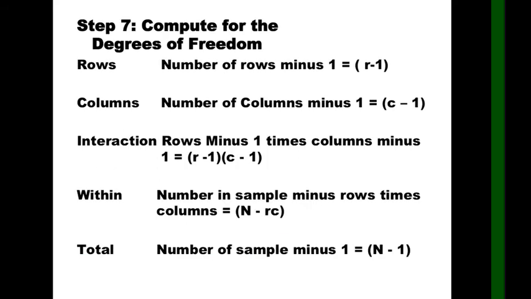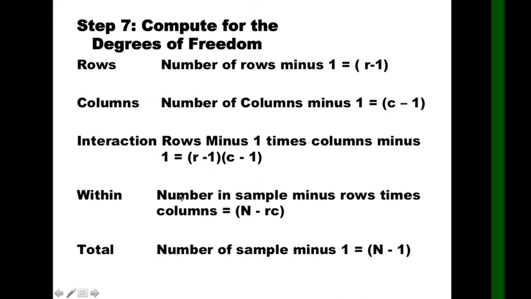For the degree of freedom, for the rows, we have R minus 1. For the number of columns, C minus 1. Interaction is rows minus 1 times column minus 1. So we have R minus 1 times C minus 1.